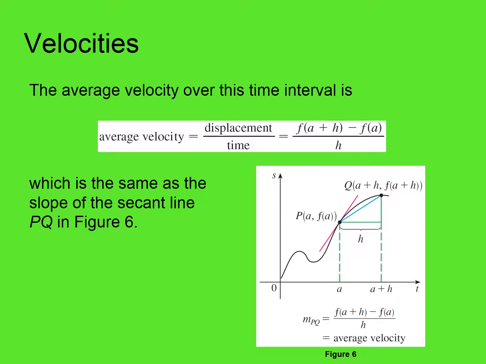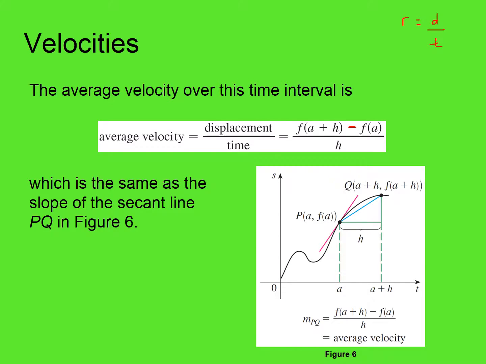The average velocity over this time is this same displacement, right? That's the same thing we were just talking about, the change in position over time, because it's distance divided by time, right? So a velocity, which is a rate, is a distance divided by a time, right?